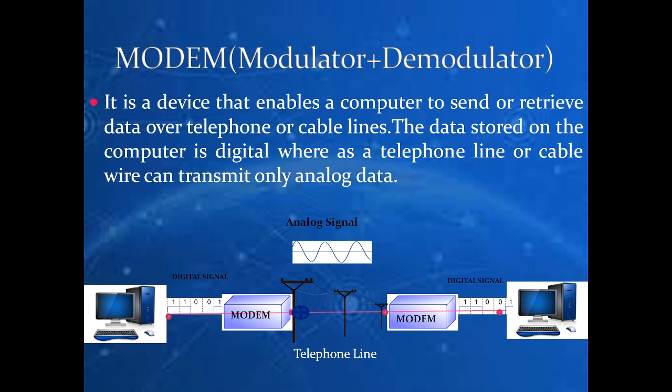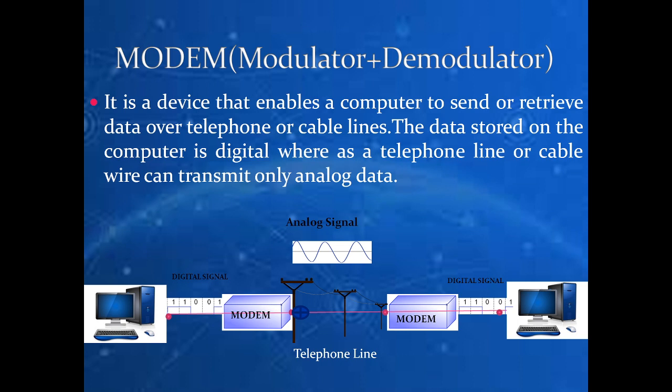So converting digital signal to analog signal and again converting back from analog to digital signal is the job of modem. It modulates it first, converting digital to analog signal, and then again demodulates it, and that is the role of modem. So it does the modulation and demodulation, okay.